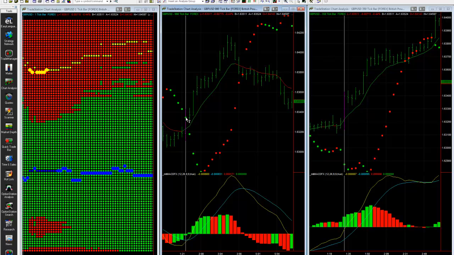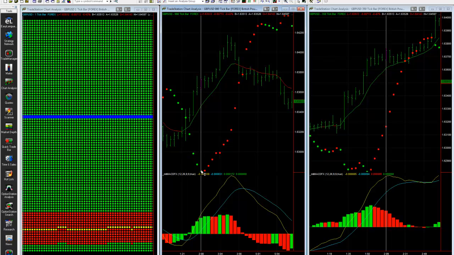The dots are colored green if the dot is lower on the chart than the previous dot, giving an indication as to a potential move of the market. We can see that the dots were green from here to down here on this bar, and in fact, for that trend, the bars actually moved up.